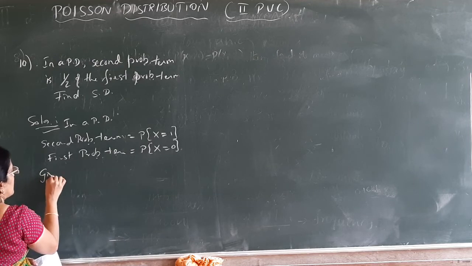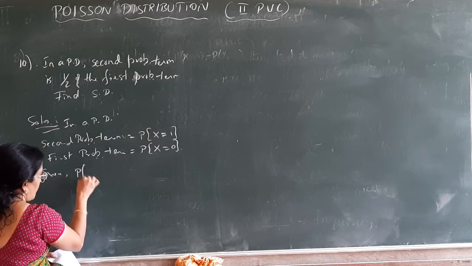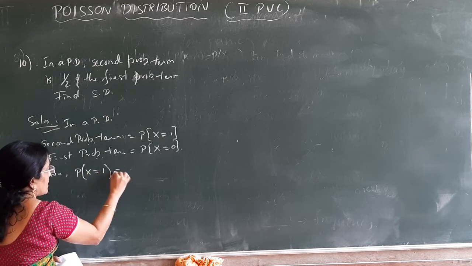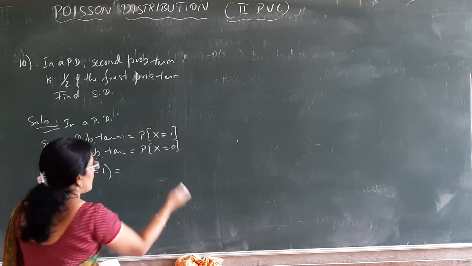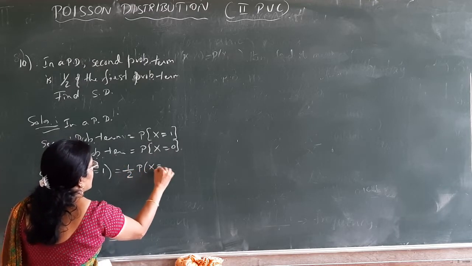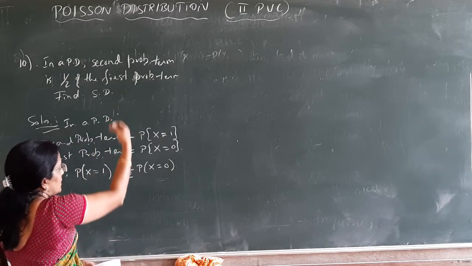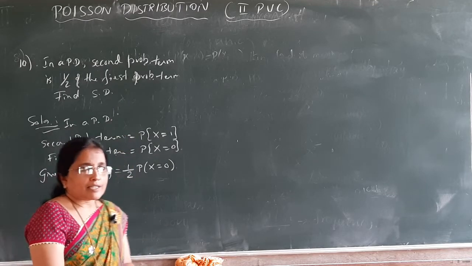So given: P of x equal to 1 is equal to half of the first probability term. This is what is given, right? The statement is given, so convert it into mathematical form.